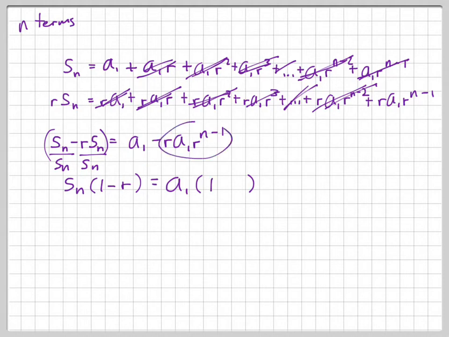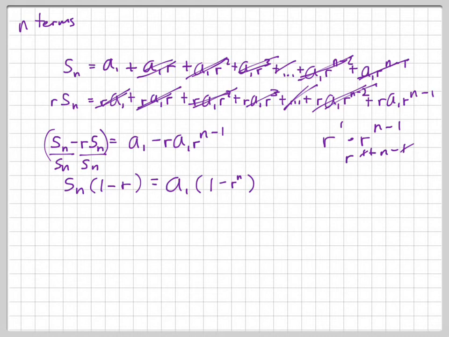And what do I get when I divide that by a sub 1? R to the n, right? Because r times r to the n minus 1 is r to the 1 times r to the n minus 1, and so you would get r to the 1 plus n minus 1, which would cancel out with the 1s. Yeah? So that we have minus r to the n.